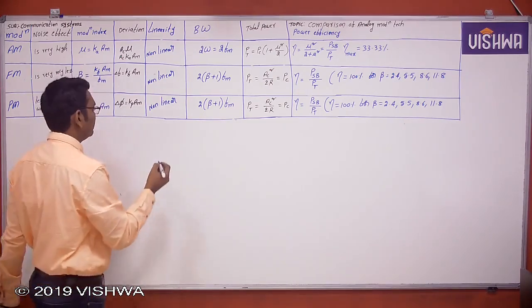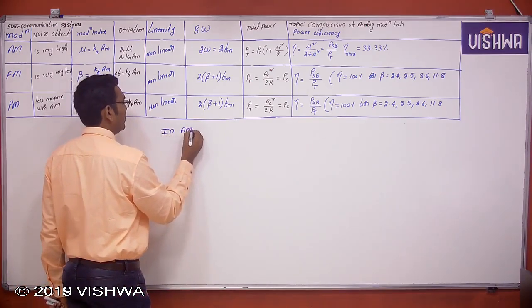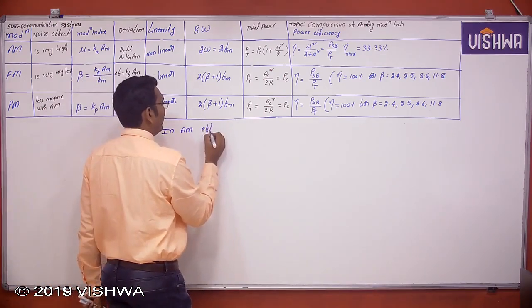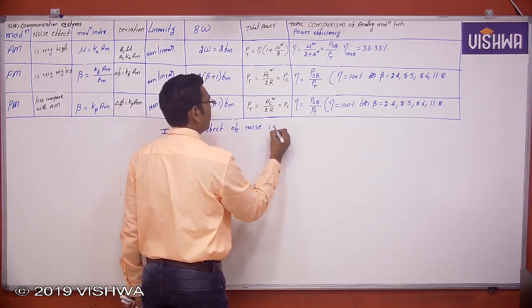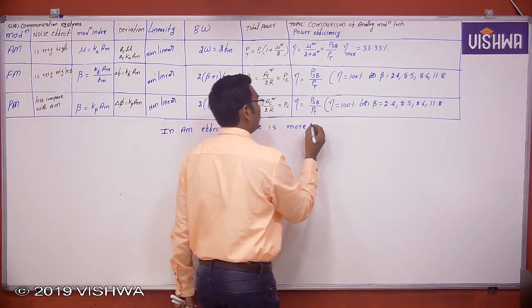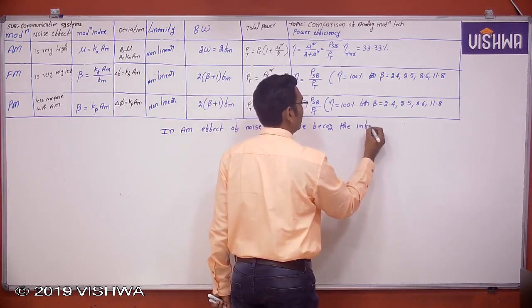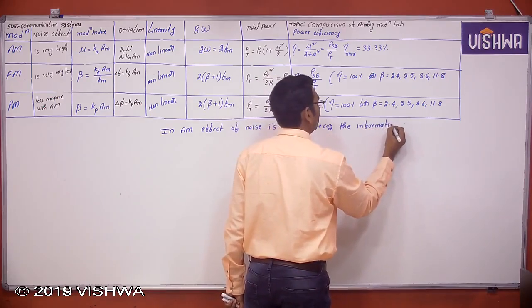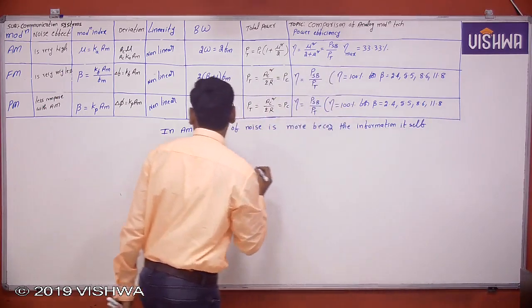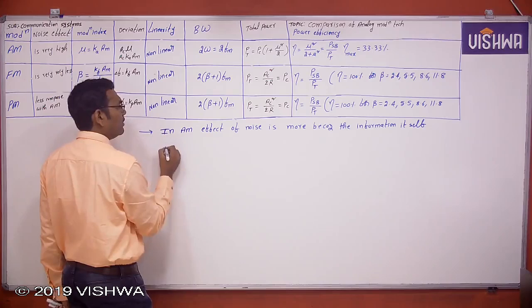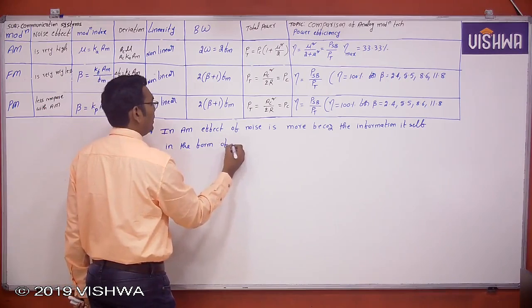Now see here. In AM, the effect of noise is more because the information itself is in the form of amplitude.